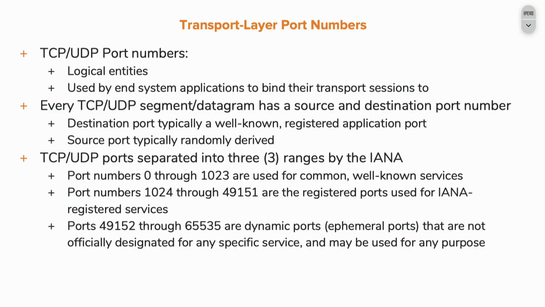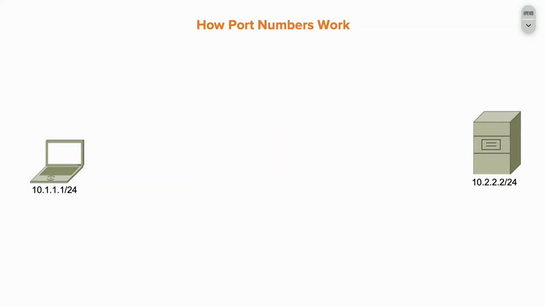All right, let's actually see how this works. How port numbers work. Step number 1. So we've got a server on the right and a laptop on the left. Step number 1 is somebody's going to get on that server at 10.222 and start up some service, like maybe a web browsing service or a telnet service.